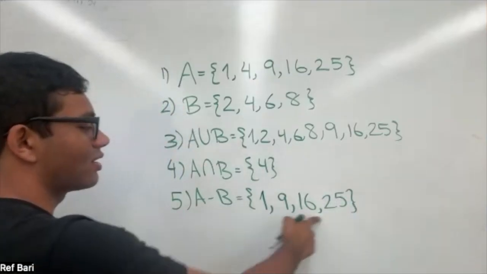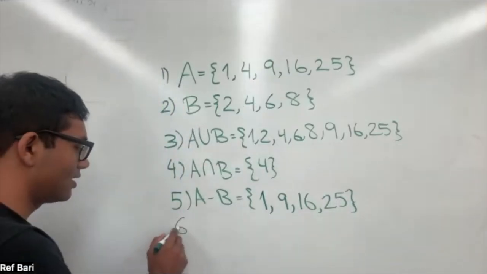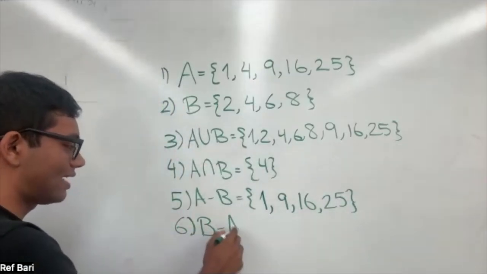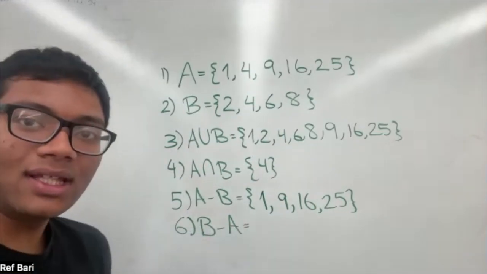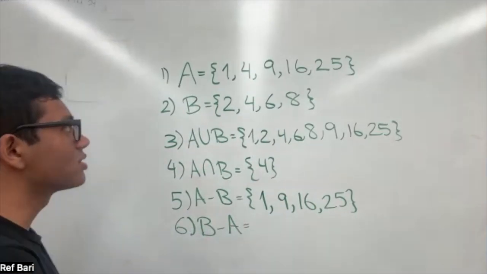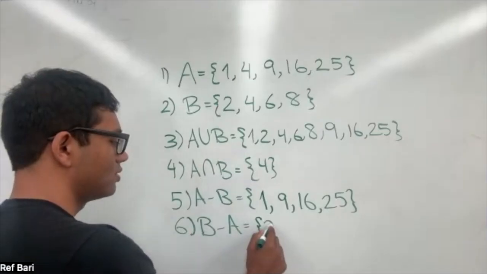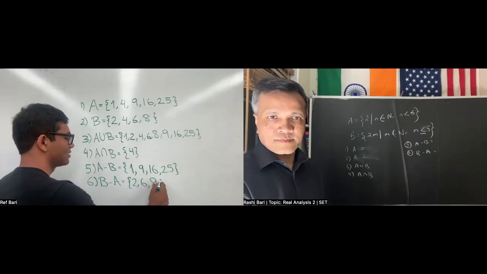And notice that these are all odd numbers. And the last one is everything that's in B but not in A. So that's going to be 2, 6, 8.